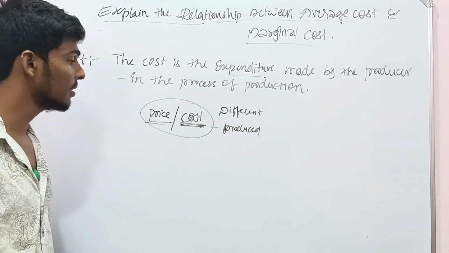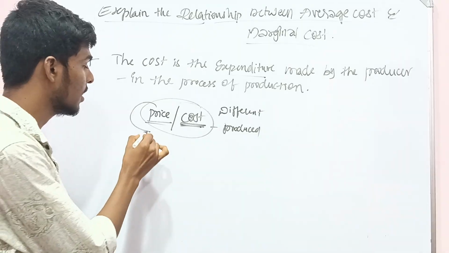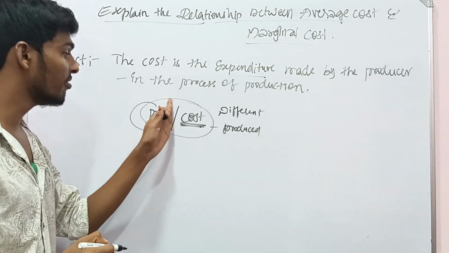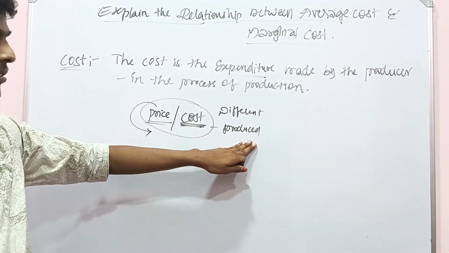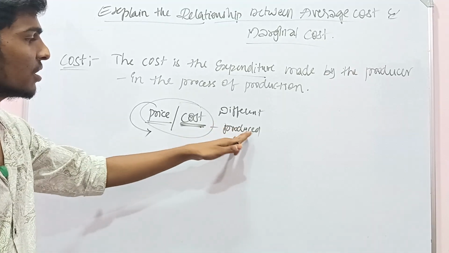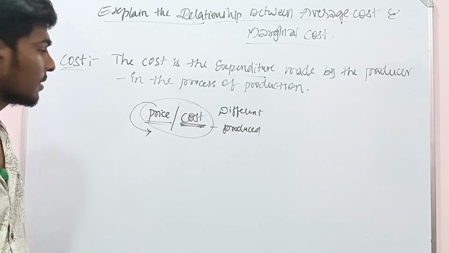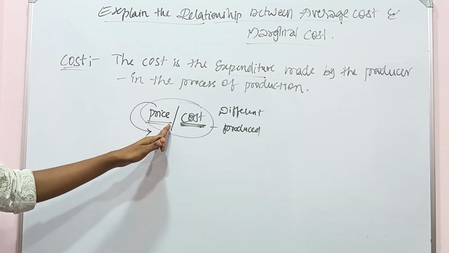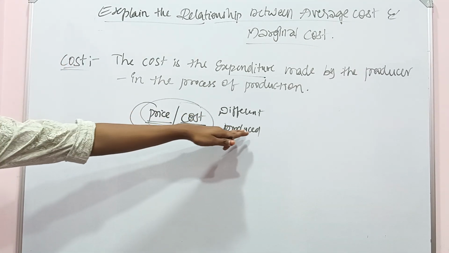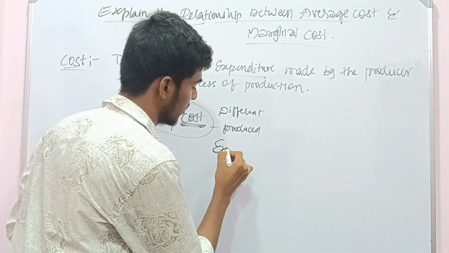The price is something that can be fixed after production. The price is fixed after the production, after the completion.